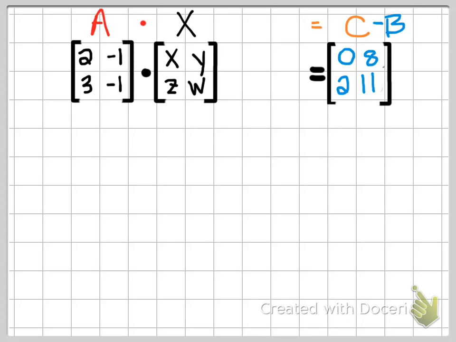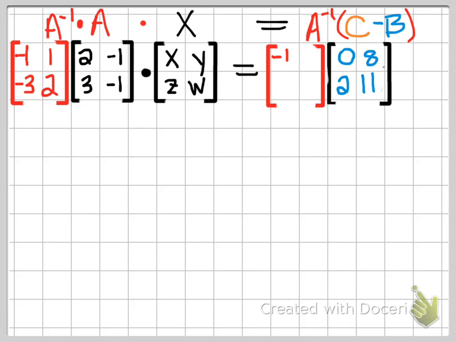So in order to create the multiplicative identity, I need to use the multiplicative inverse of A. So we won't show you how we got the matrix itself, but it is the quantity 2 by 2 matrix, -1, 1, -3, 2.